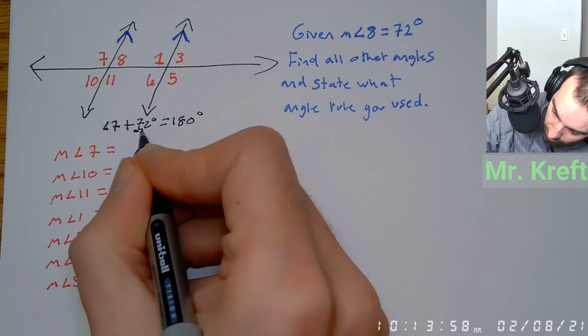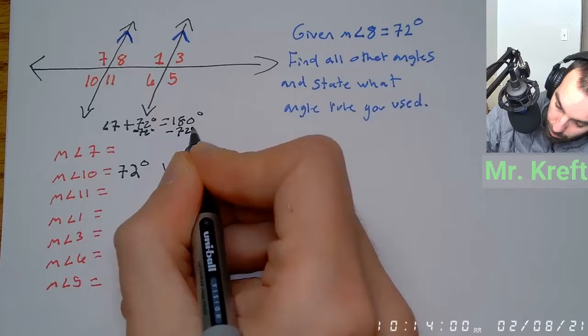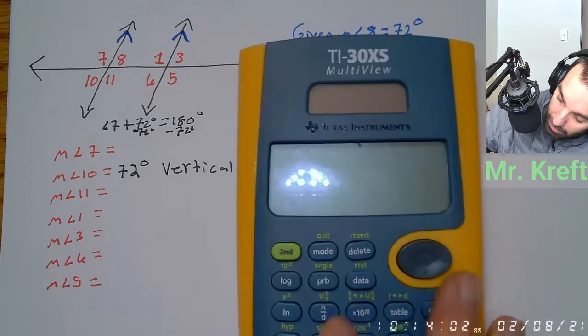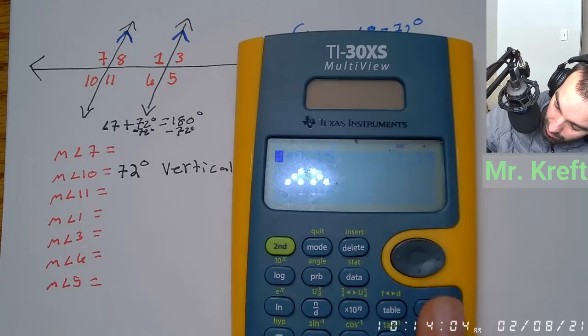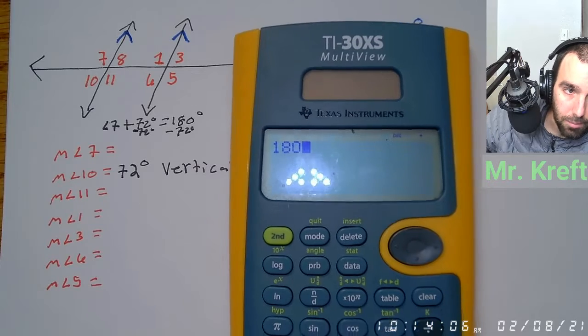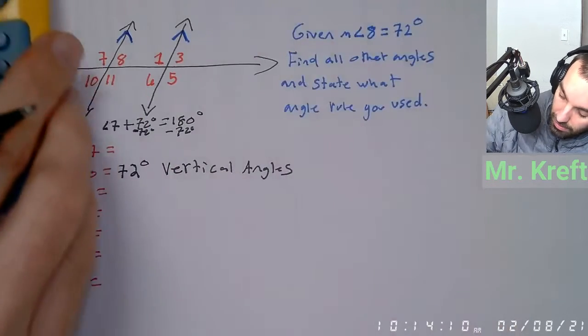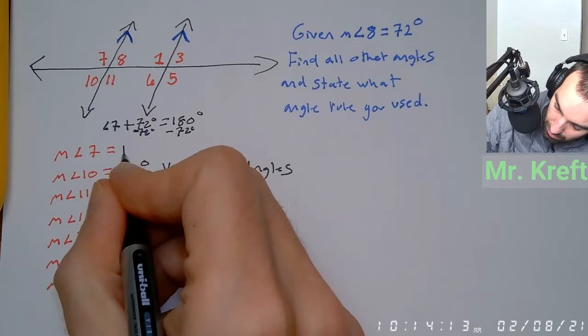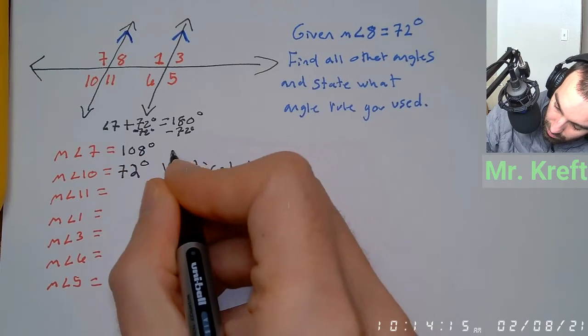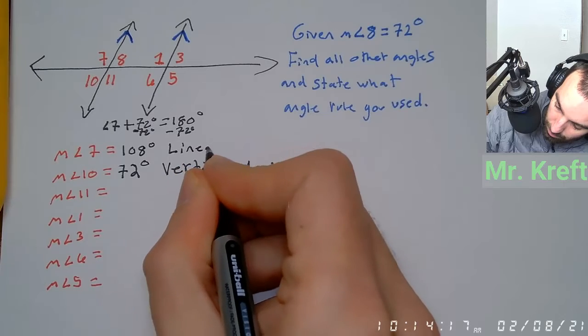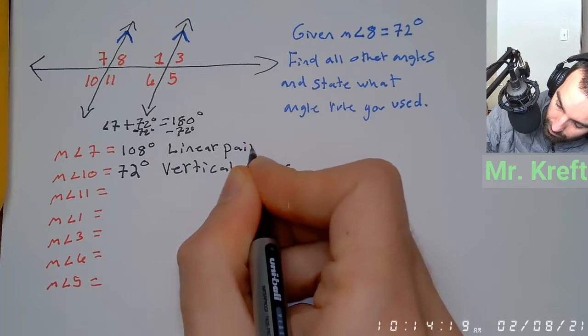All I have to do is subtract 72 from both sides. In my calculator, I take 180 minus 72, and I get 108. So angle 7 would be 108 degrees, and I used linear pair.